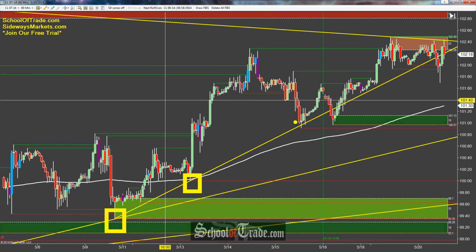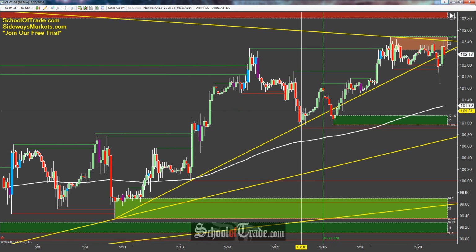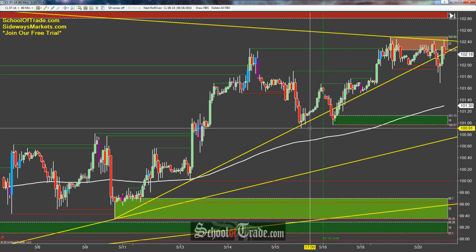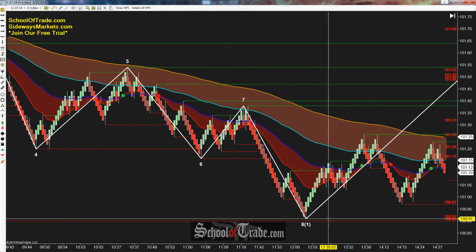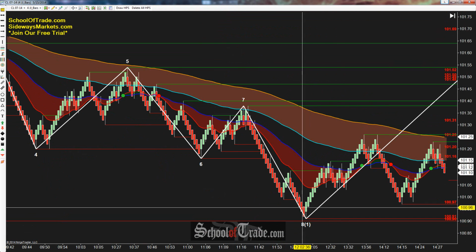We're looking for a test of that trend line, which we had right here. Now, coincidentally, we know that that's at around 12 to 1 o'clock, which is exactly the same area that we're looking at on our entry chart. This low came in at 191, and we'll compare it to this one where the low came in at 191. So this area right here was where we tested that trend line.